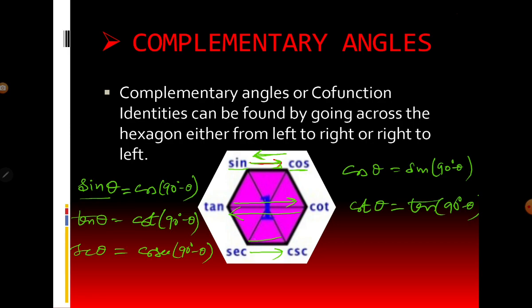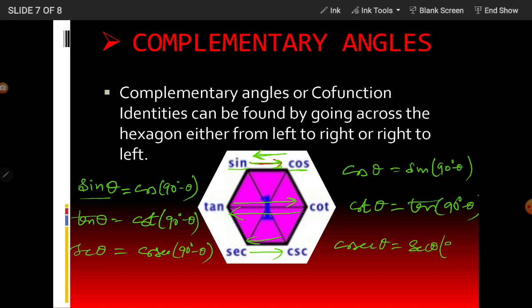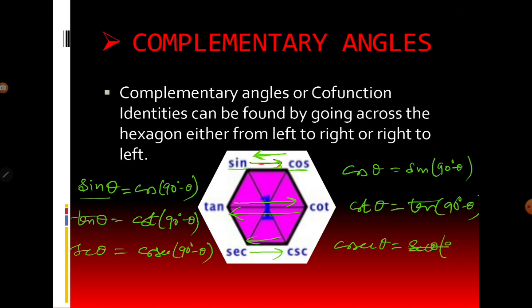Then cosecant towards secant, cosecant theta is secant of 90 minus theta.